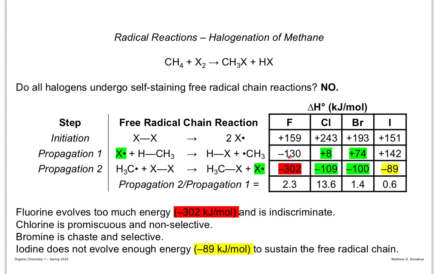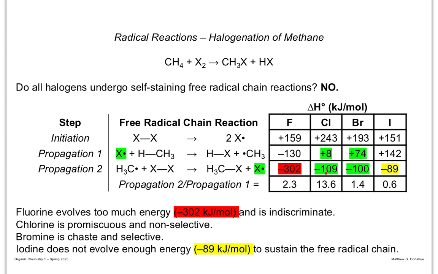So both of these are negative. So what ends up happening when you use F2 is that it's very non-selective. It's going to just substitute any CH that it sees. And again, we really don't want that. We want to control what's happening. So there's actually too much energy being produced with fluorine.